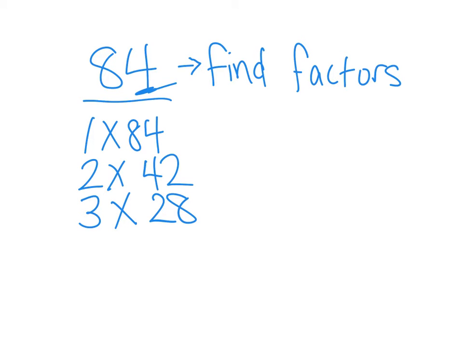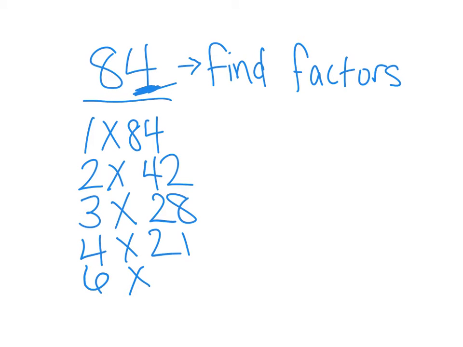Same thing with 4. If we add the digits, 8 plus 4 is 12. Does 4 go into 12? Yes. So 4 times 21. Now, the number 5, well, we know that if it ends in a 0 or a 5, it's divisible by that, but 5 is not a factor right now. 6. 6 is a factor.